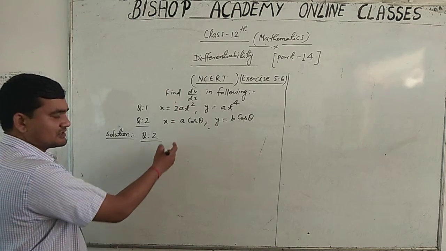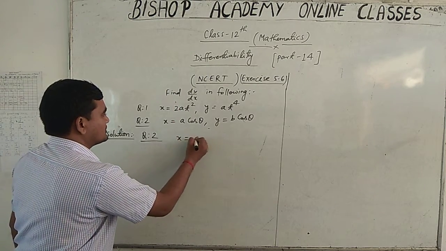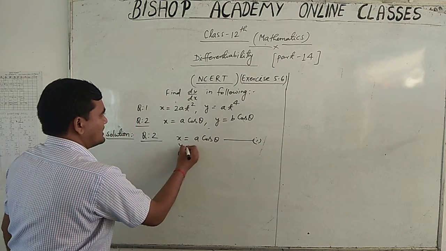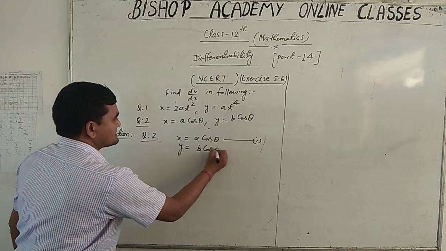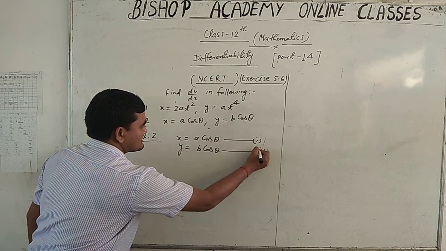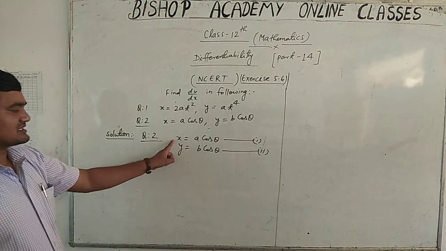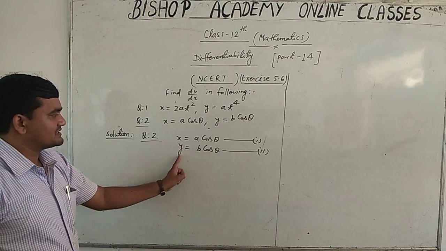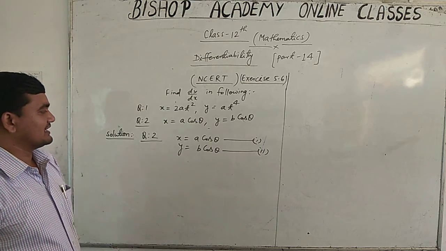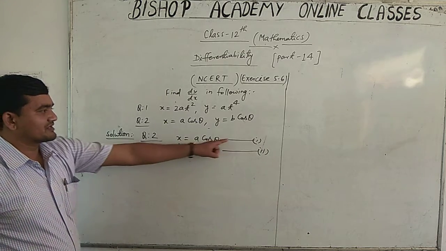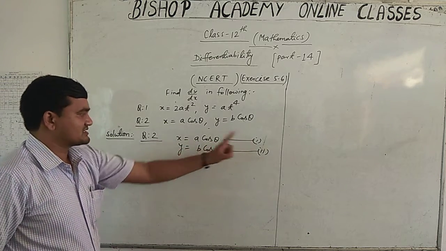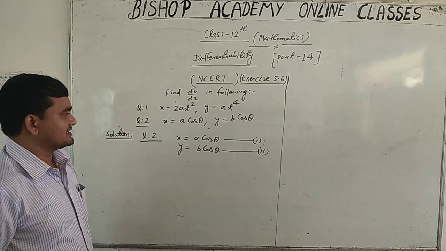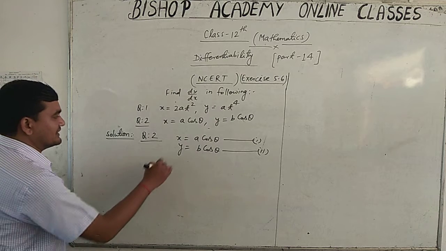Now question number 2 is x is equal to a cos theta, this is equation number first, and y is equal to b cos theta, this is equation number second. Since x is expressed in terms of theta as well as y is expressed in terms of theta, therefore we differentiate equation number first with respect to theta as well as equation number second with respect to theta.